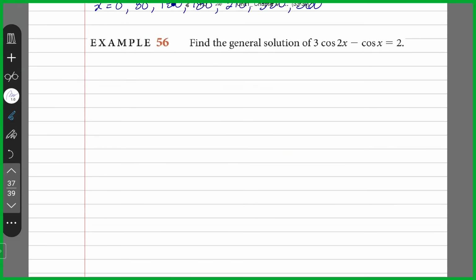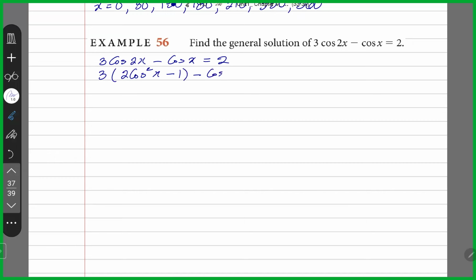Example 56 is asking us to find the general solution of 3 cos 2x minus cos x is equal to 2. Now I can convert this into a quadratic equation involving cos x only, because cos 2x is the same as 2 cos squared x minus 1.